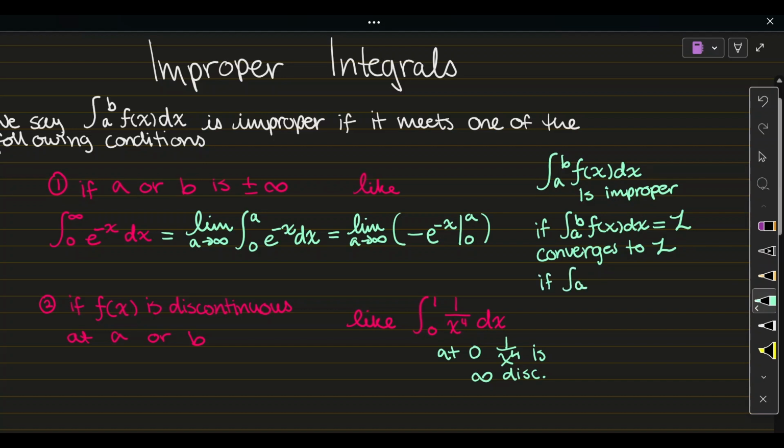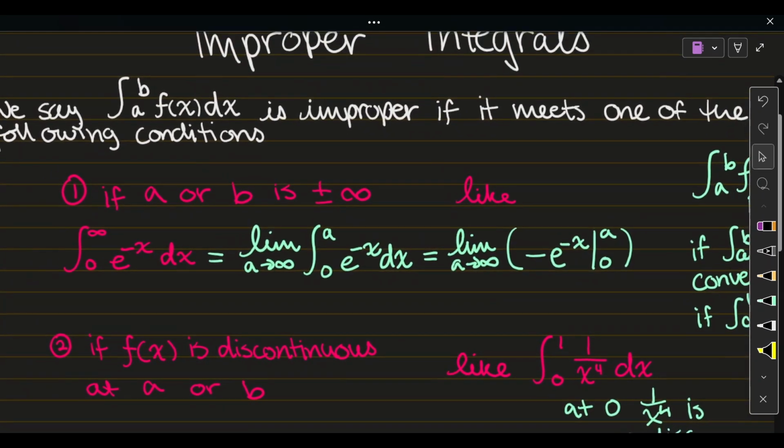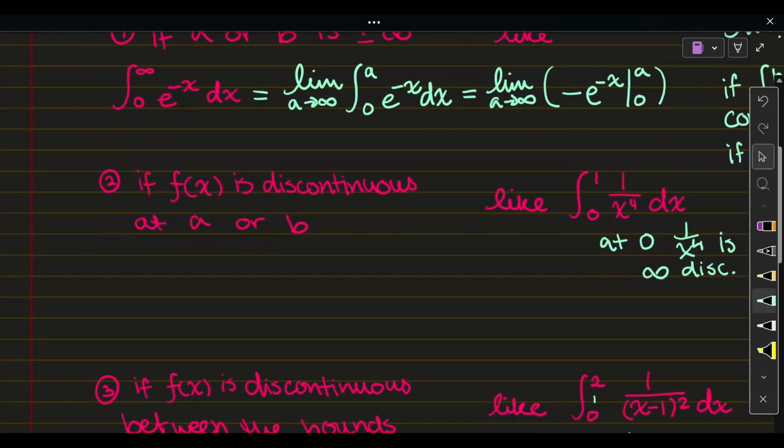If the integral from a to b of f of x dx goes to plus or minus infinity, we say it diverges. So in other words, it diverges if and only if it does not converge. Okay, that's important terminology. So I leave it to the viewer to see if this value here will converge to a limit or if it will diverge to infinity.